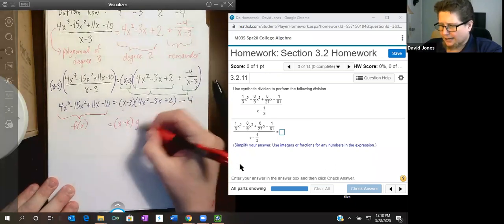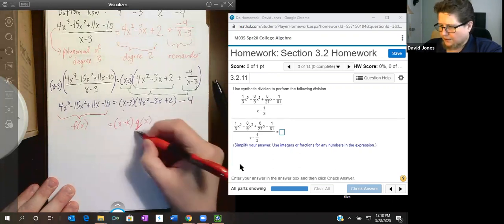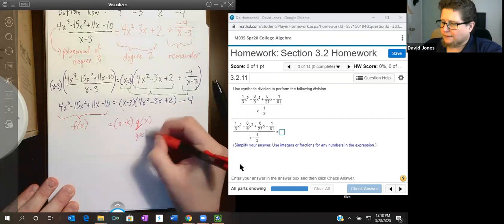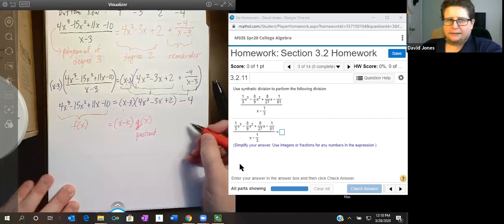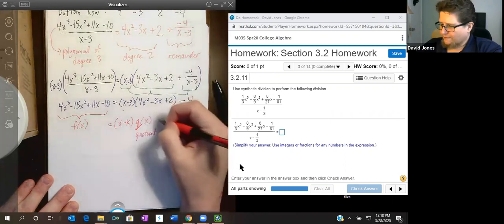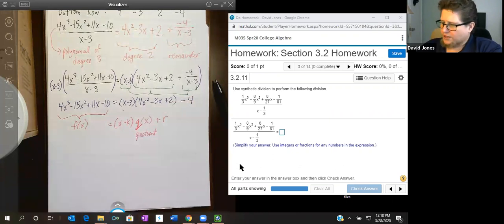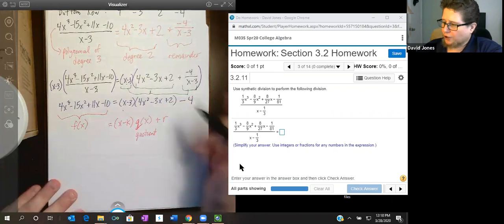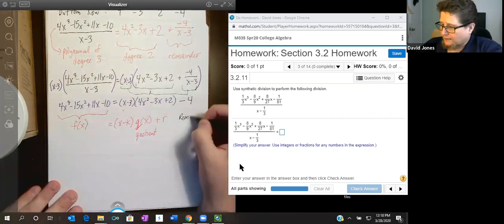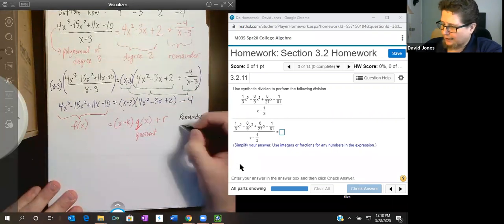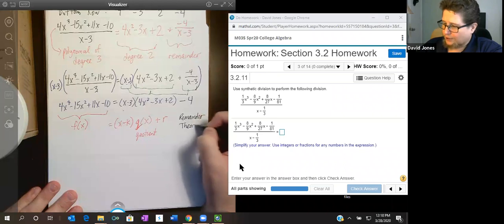So we're going to call that q of x. Quotient. And then I have the remainder added on. This is called the remainder theorem, and we're going to go over it in a little bit. But I want to finish showing you that both sides are equal.